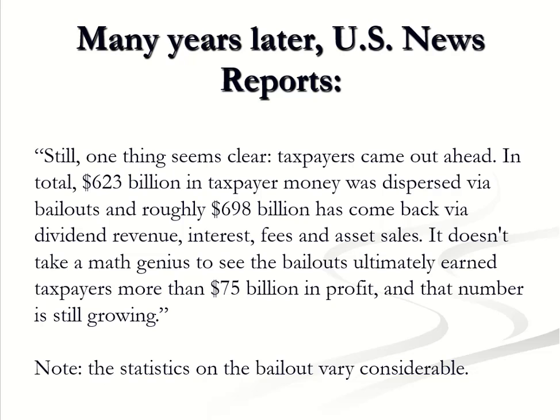Asset sales correspond to the government taking equity positions in various firms, common stock, and then selling that common stock later on at a significant profit. It doesn't take a math genius to see that the bailouts ultimately earned taxpayers more than $75 billion in profit, and the number is still growing as time goes on.